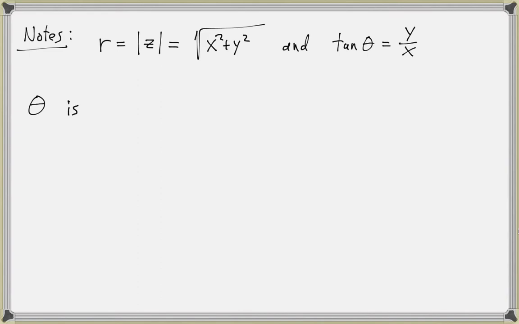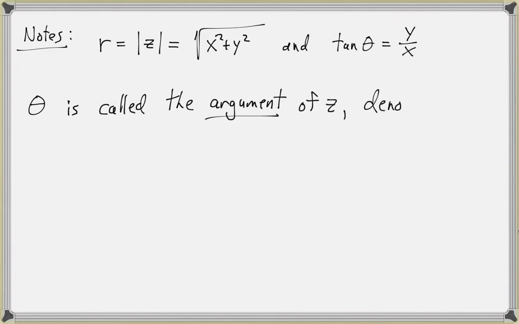Theta is called the argument of z, and it's going to be denoted by arg of z. And we make a distinction between lowercase and capital A for the argument of z, because there's an infinite number of values for lowercase arg of z, and they each differ by 2 pi radians.